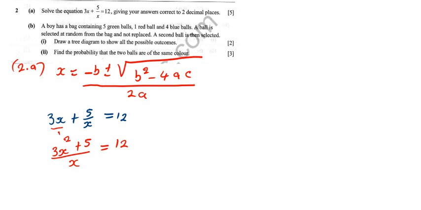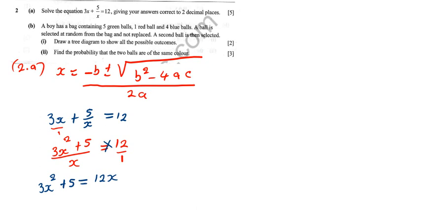So 12 over 1, and then we cross multiply. So it will be 3x squared plus 5 is equal to 12 times x, we are getting 12x.